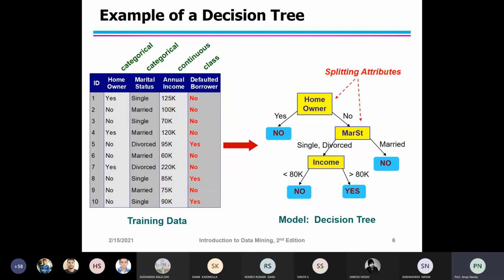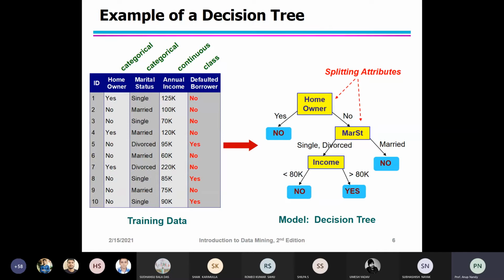Now if it is yes, then defaulter is no, and if it is no, then you will have to check the marital status. If the person is not a homeowner, you check the marital status. In marital status you have single or divorced, and then married. If the person is single or divorced, then you have to check his income.